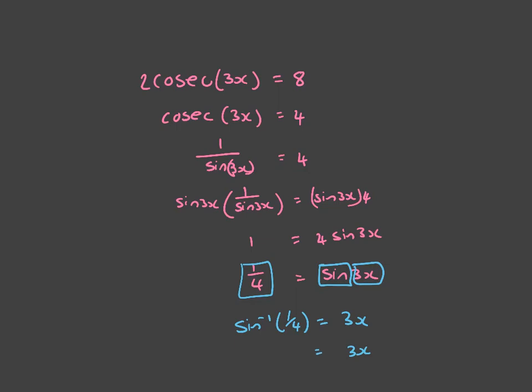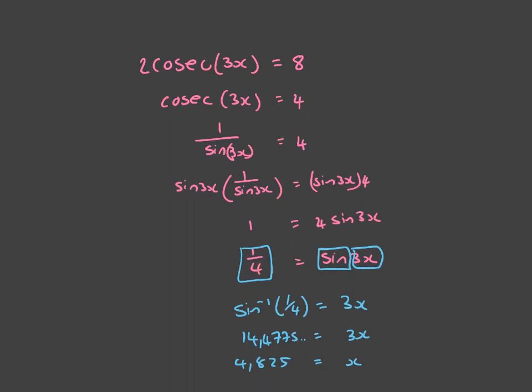If you press shift sine of a quarter, arcsine of a quarter is equal to 14.4775, blah, blah, blah. And then you divide that answer by 3, you're going to get x is equal to 4.825. So if you round that to 2 decimal places, they will always specify, it will be 4.83. Okay, hopefully that makes sense.